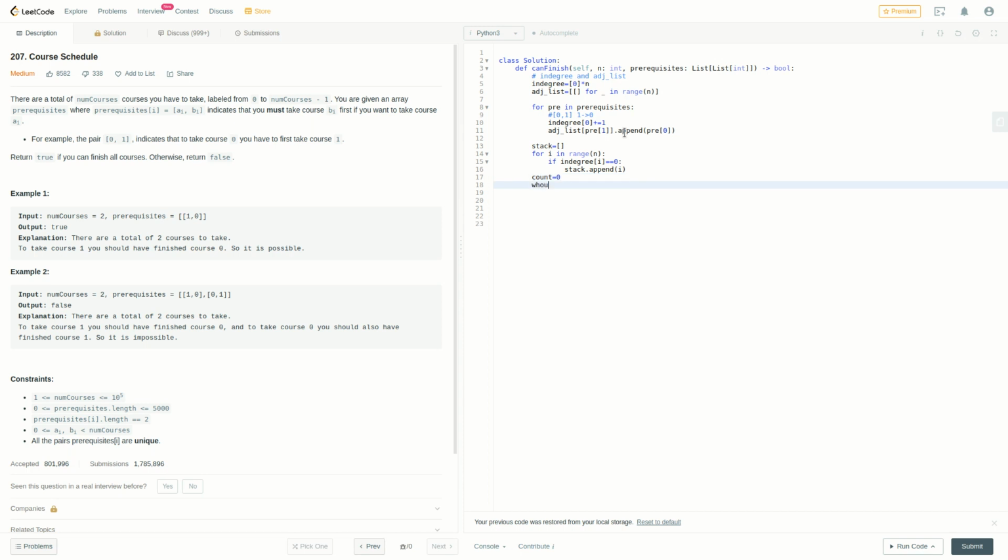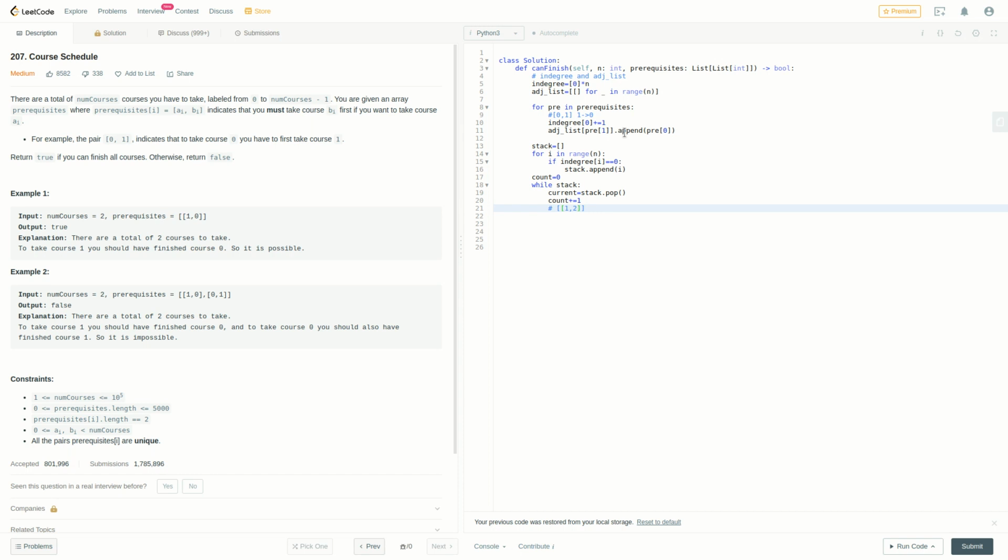So while stack, as long as I have vertices that have in-degree value of 0, I will keep doing this operation. Current is equal to stack.pop, and since I am removing the current, I will increase count by 1. Now let's say I had this adjacency list.